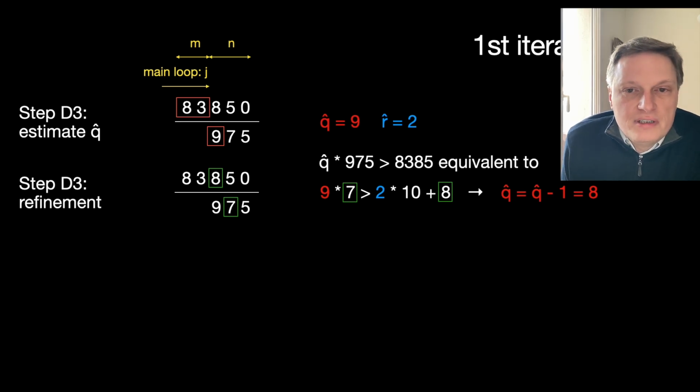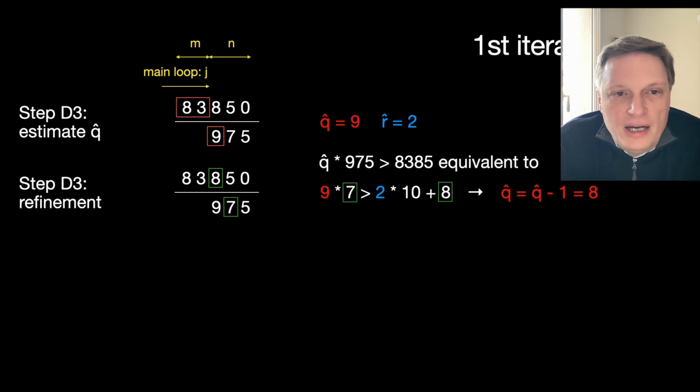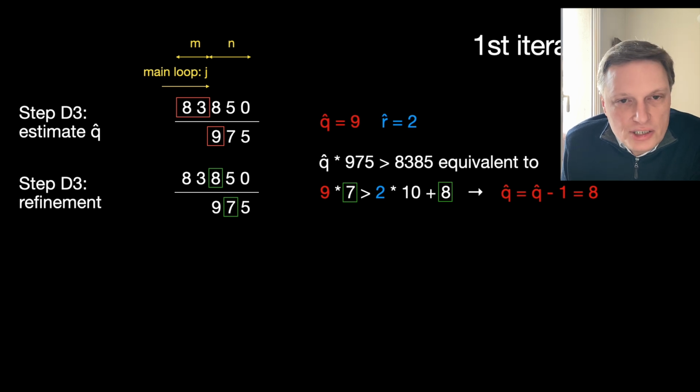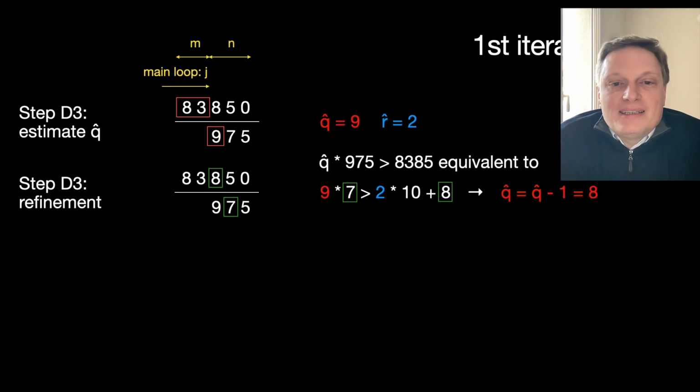There is proof that we don't need to compute q hat times the whole divisor, which would be expensive. Instead, we can perform much simpler single-digit operations. In my example, q hat must be reduced to 8. Remember, this correction is performed at most 2 times.